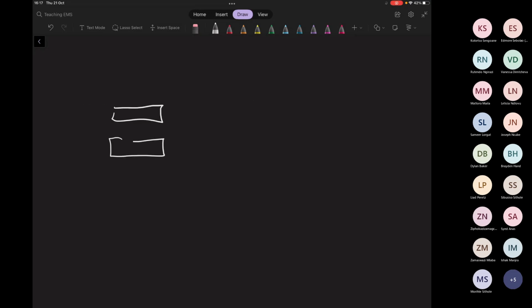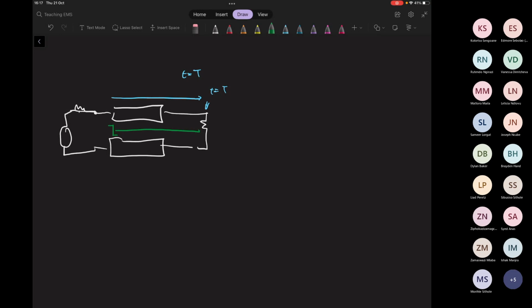Here's the load, here's the transmission line, here's the switch that's just being closed, here's the supply, there's also a resistor here, whatever. When it says that t is equal to T, T is the time it takes to get to the load. At t equal to T, that means the voltage that was initiated here arrived at the load.